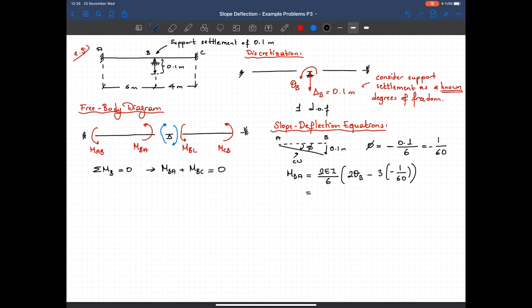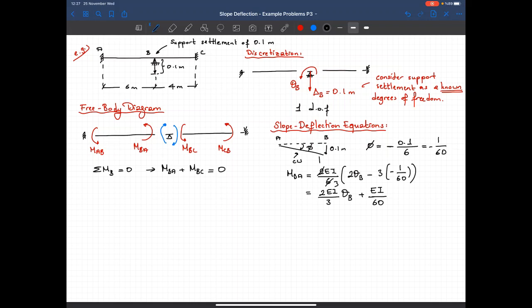So the result is 2EI over 3 theta B plus 3EI over 60. Over 60, you divide it by 3, this should be, sorry, EI over 60. This is 1, this is 3, 3's will cancel and I got EI over 60.